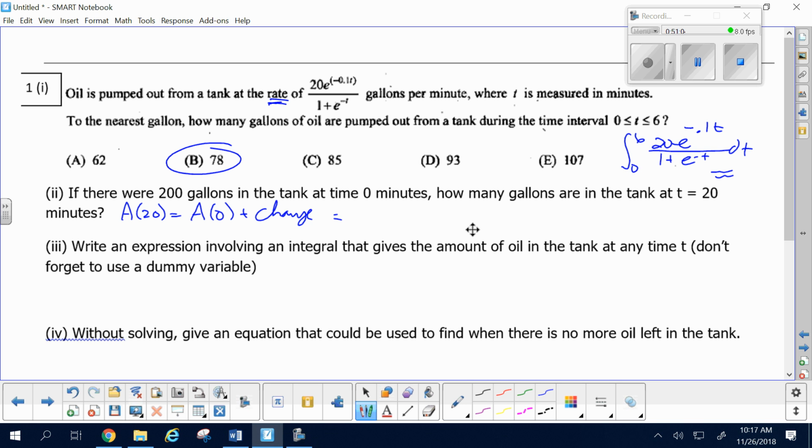So what's A at 0? 200 plus the total change, or how much was pumped in, which we do by integrating from 0 to, not 6 anymore, but 20 of that same function, 20e to the negative 0.1t over 1 plus e to the negative t.